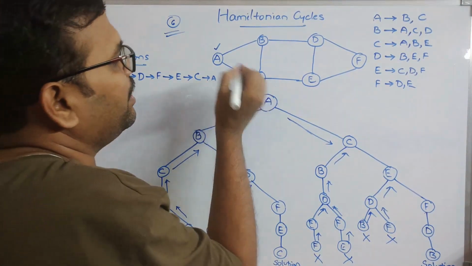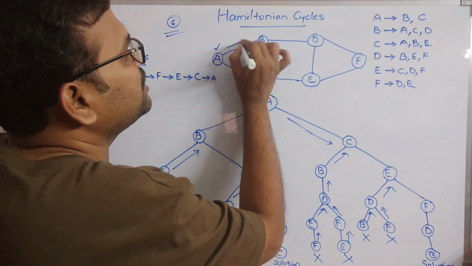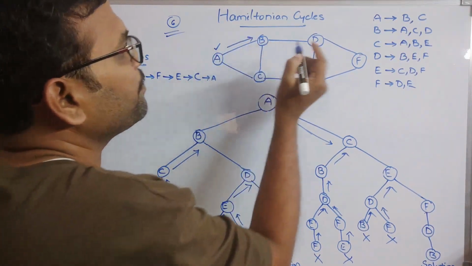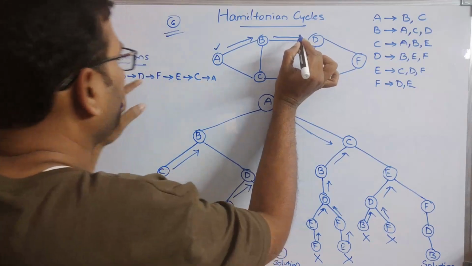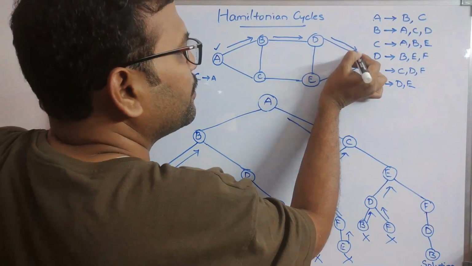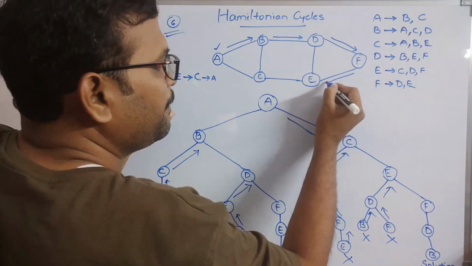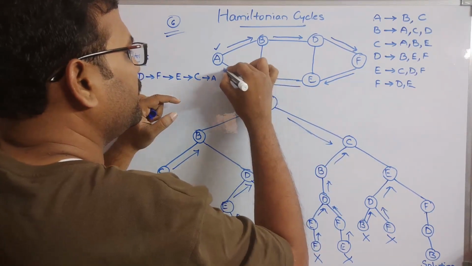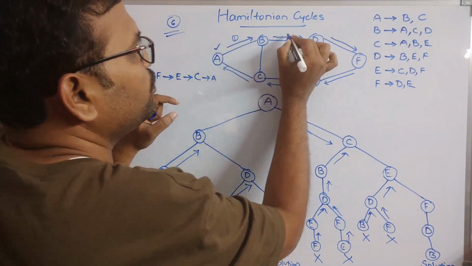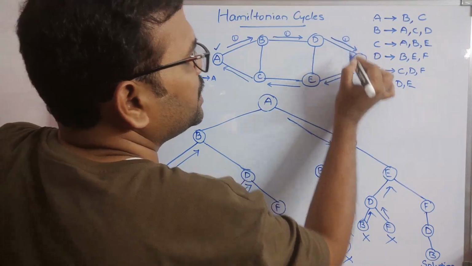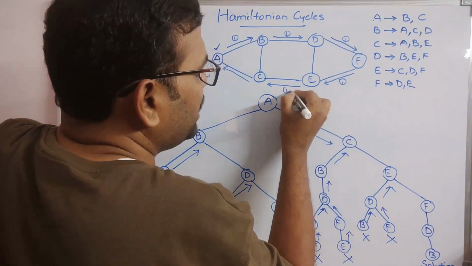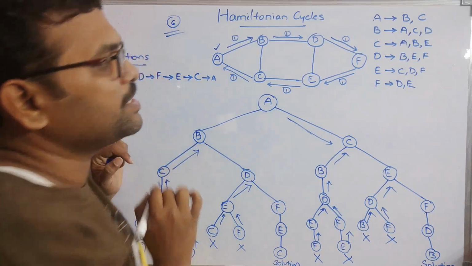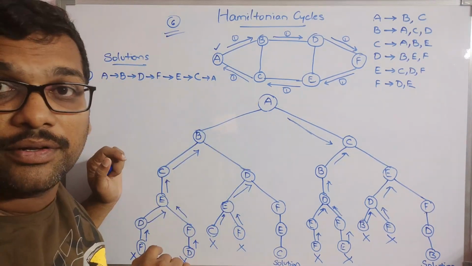So you can check here, A to B. So this is one solution: A to B, B to D, D to F, F to E, E to C, C to A. So this is solution 1. Just for representation and understanding, I am representing it as 1. This is the first solution.